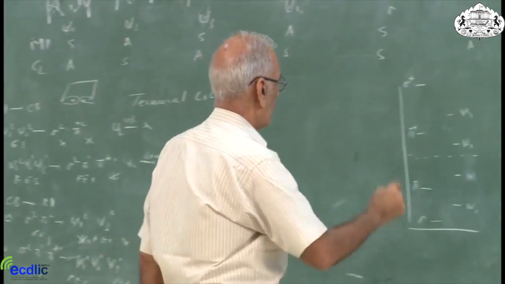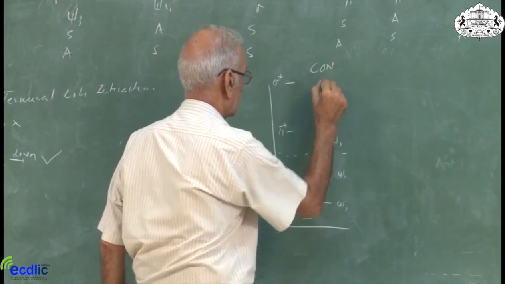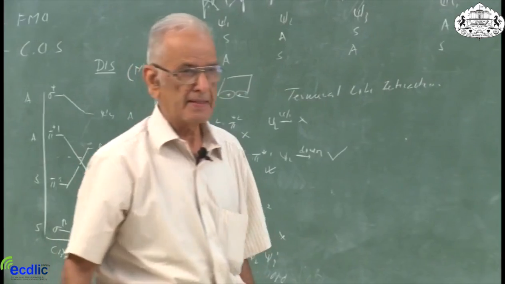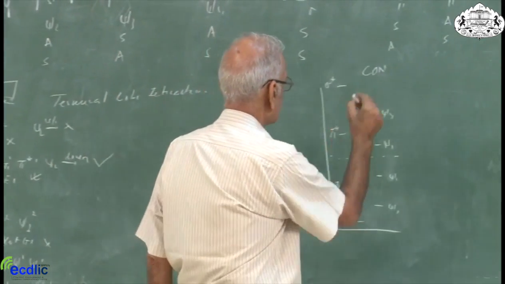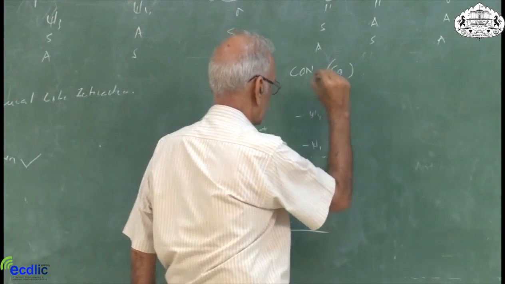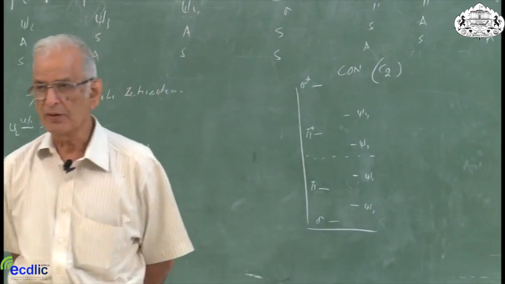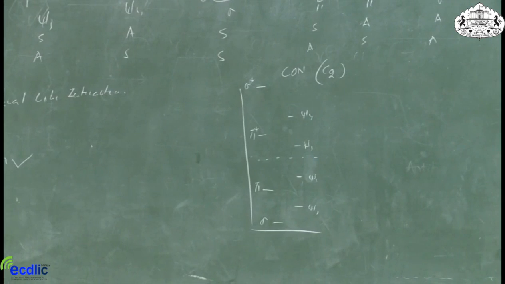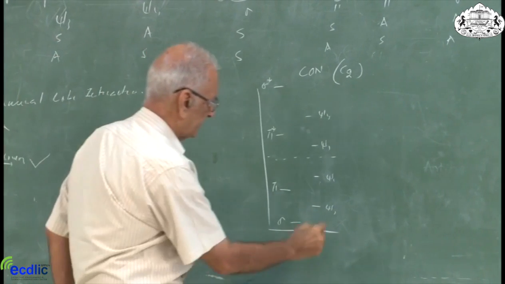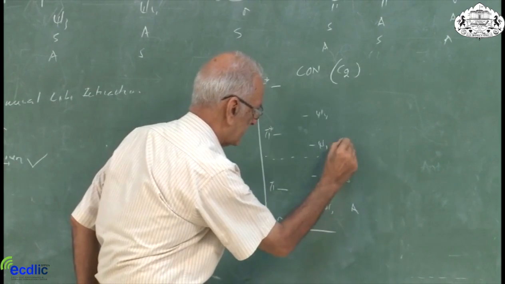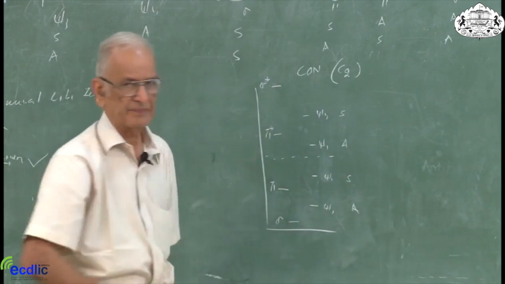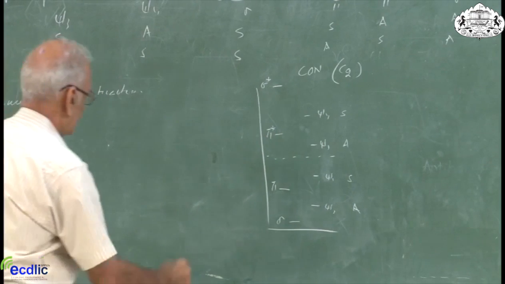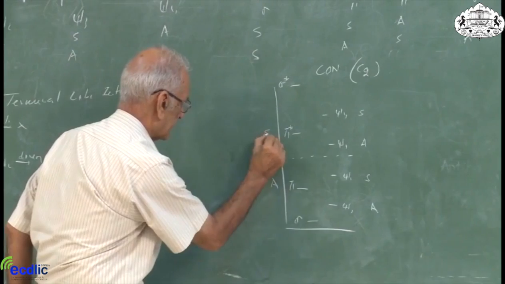Since this is the conrotatory process, the conrotatory process will be associated with, I am sorry, with the C2 axis of symmetry. So, the labels that we will put will be labels of the C2 axis of symmetry. Even without looking here, A, S, A, S. So, we put the labels of this here also, A and S.